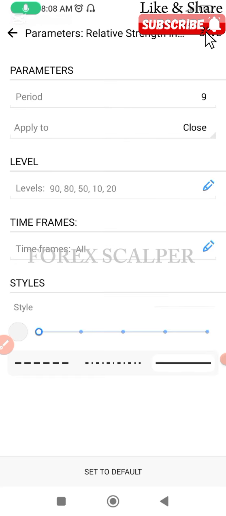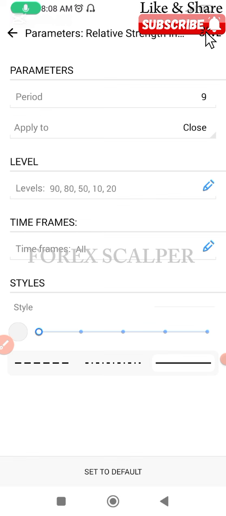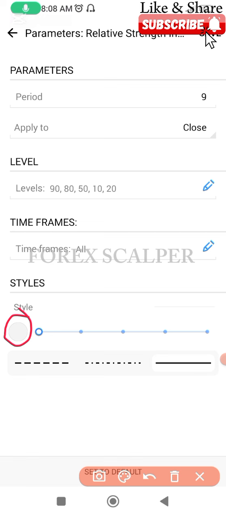Then afterward, we have our relative strength index. The period is 9. You apply to close. Here are the levels: 90, 80, 50, 10, and 20 respectively. Then afterwards, you take note of this particular point. Let this color be the background of your chart.